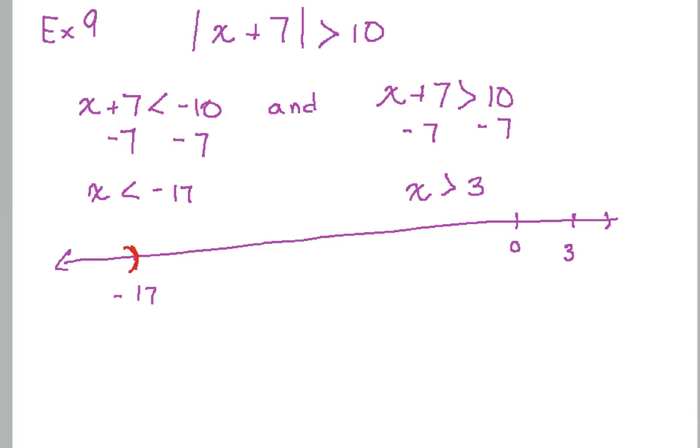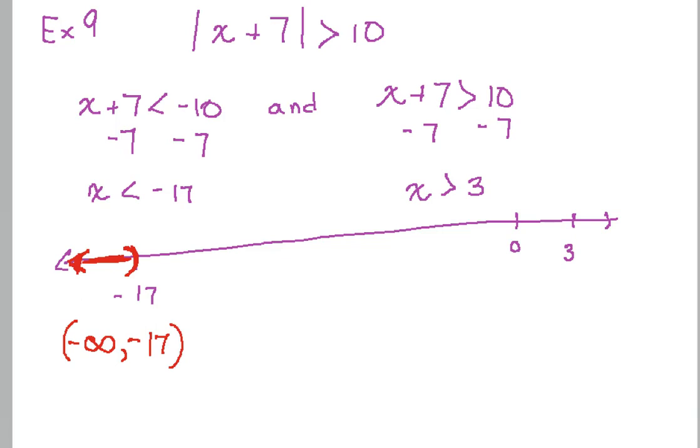It's going to be a paren because I don't have the equal sign underneath there. This is not a greater than or equal to. This is strictly less than, not a less than or equal to. So everything going this way, I'm going to have negative infinity and -17.